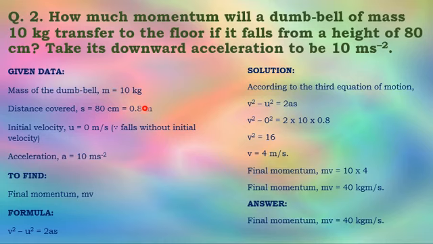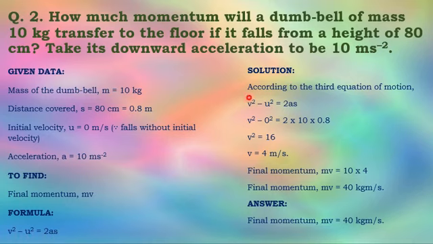And then the downward acceleration. That means the acceleration is along the motion, so it is positive. It will be 10 meter per second square. Now they are asking us the final momentum, the momentum which it would transfer to the floor, that is mv. So the formula is v square minus u square equal to 2as.